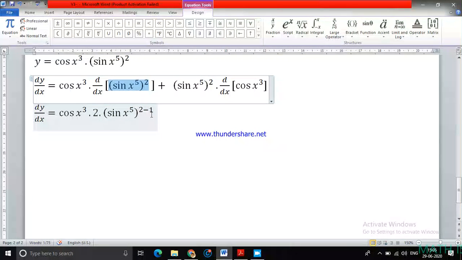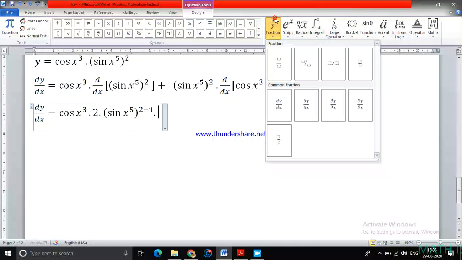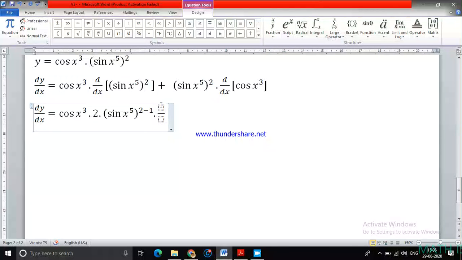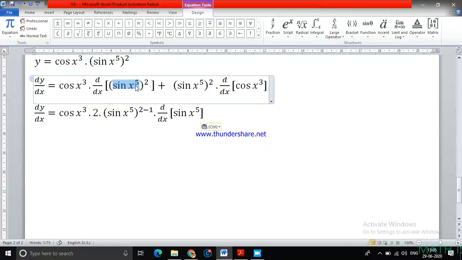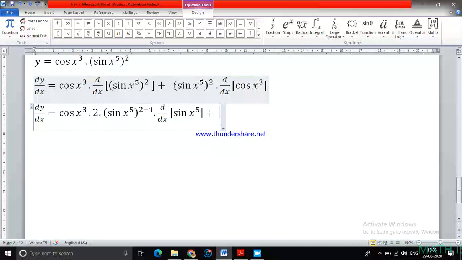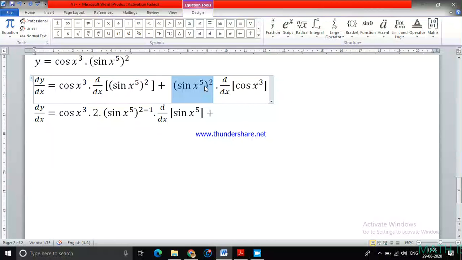This question is not over, into derivative of d by dx of this sin x power 5 will come, because I taken this as t, so derivative of t square is 2 into t power 2 minus 1 into derivative of t, so that will remain same. Now plus this term will remain as it is.